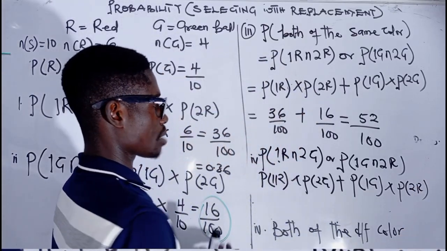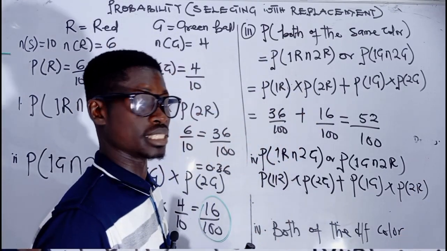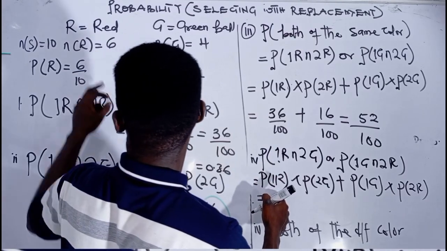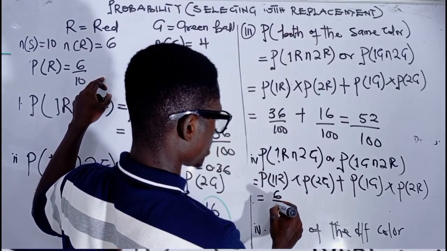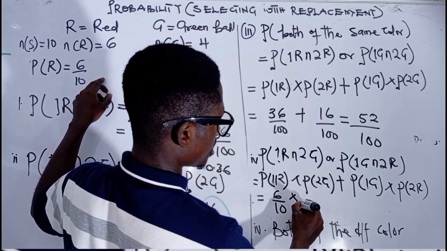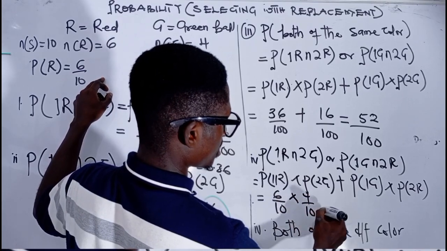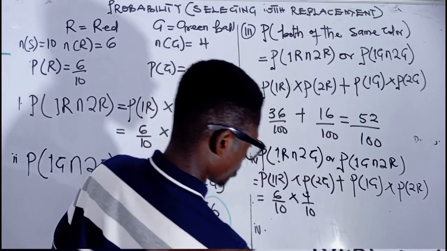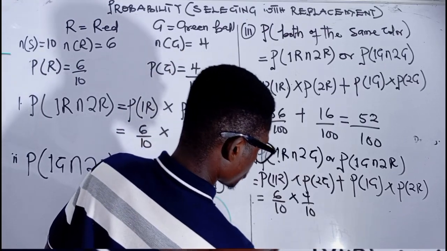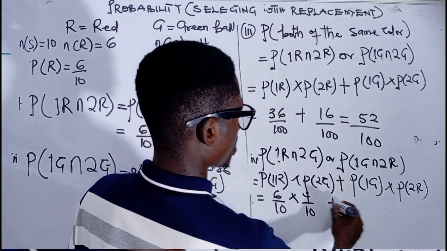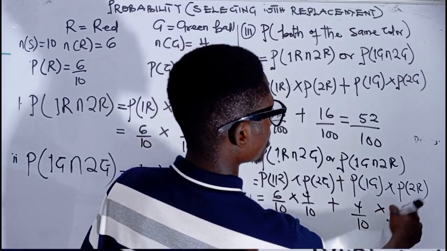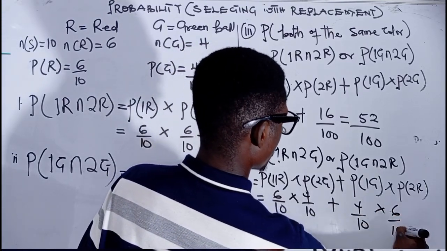So we just have to substitute in their respective probabilities. We are going to have red, we have 6 all over 10, green we have 4 all over 10, then we have plus green we have 4 over 10, and then red we have 6 all over 10.